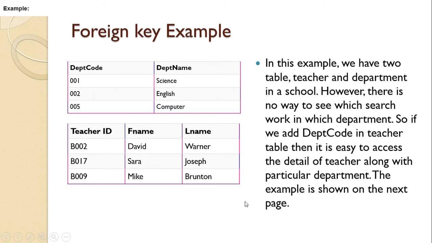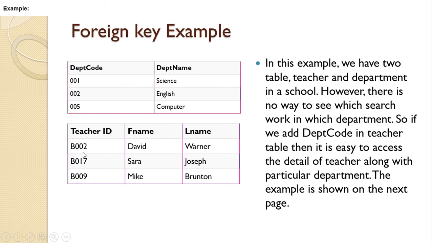Here are the teacher's details, such as teacher id, first name and last name, etc. Okay, so if we want to see which teacher is related to which department, we do not have any information in this table. So if we add the department code in this teacher table, then we have the information about which teacher belongs to which department.